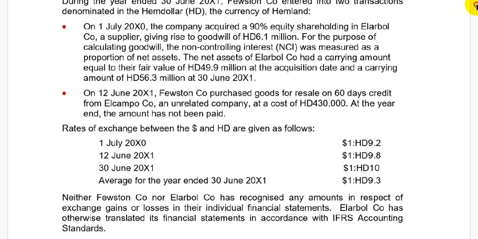So we are going to translate the goodwill on 1st July using HD 9.2, and then on 30th June 20X1 we translate using HD 10.